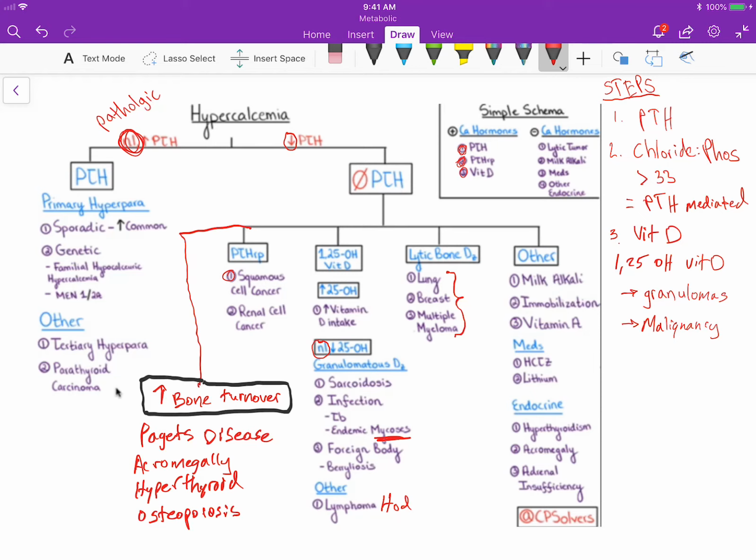And again, this, like hyperthyroidism, actually leads to osteoporosis and causes increase in bone turnover. So these are mentioned over here in the endocrine section.